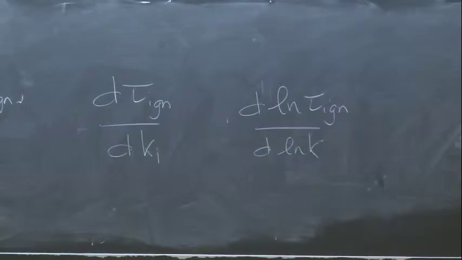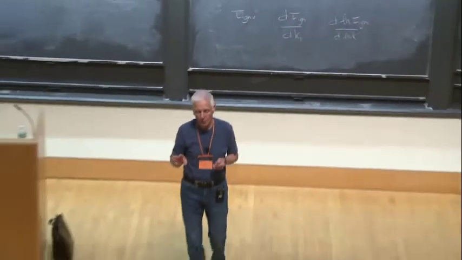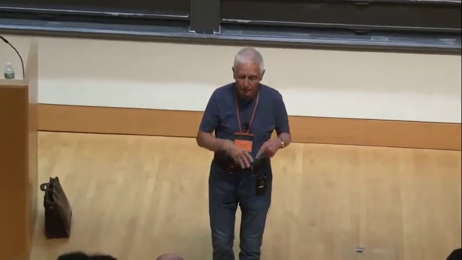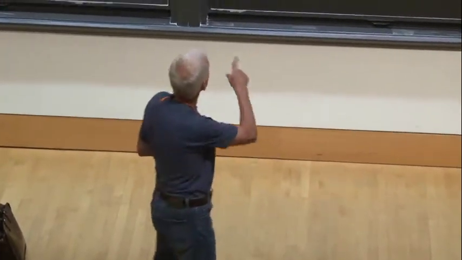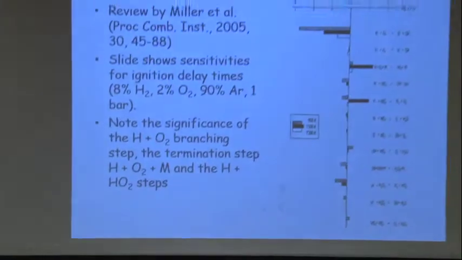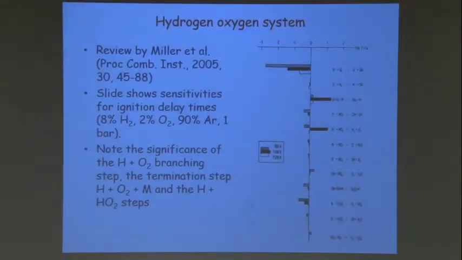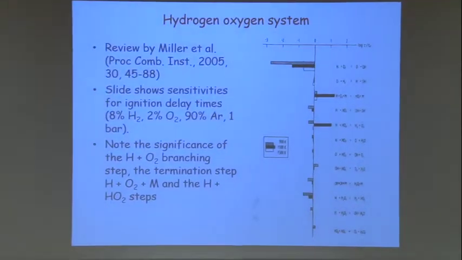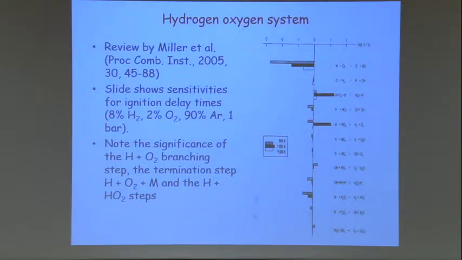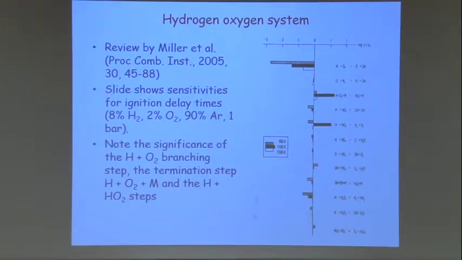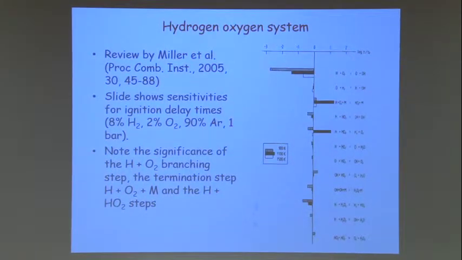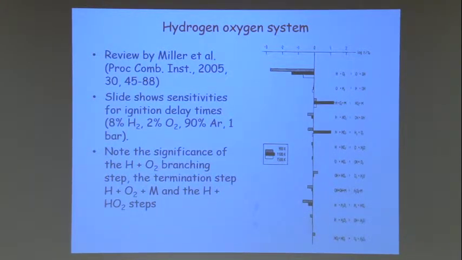And you would generate these sensitivities from the modeling that you do. And so what's happened here is that Jim Miller has done a model of an ignition delay time using a hydrogen-oxygen mechanism with a set of good rate constants in it, and then he's determining these sensitivities for the various reactions.